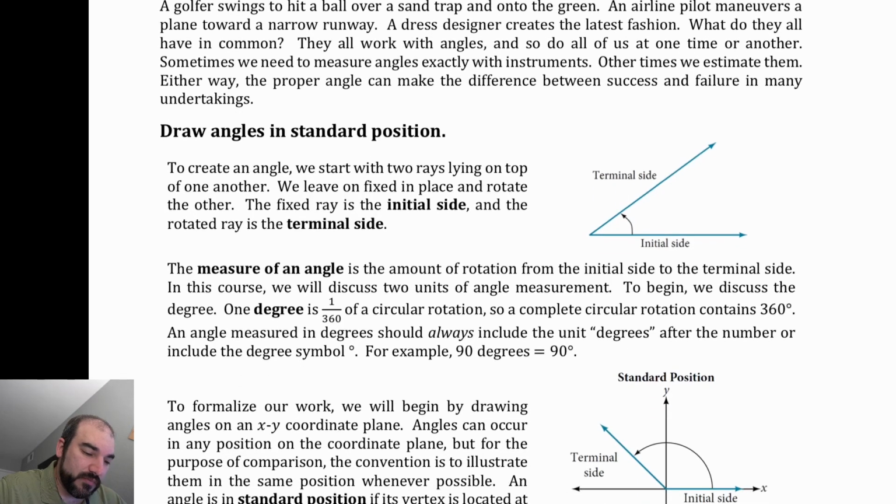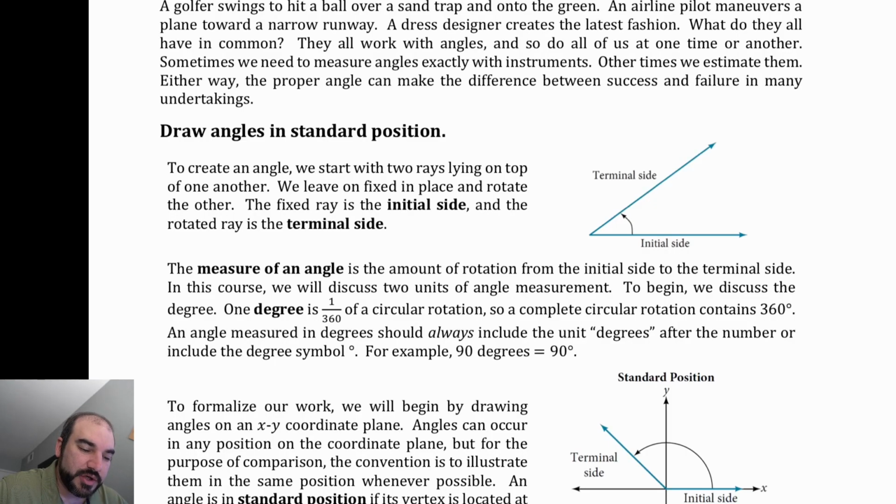Every angle, no matter where it's drawn, whether it's standard position or floating in the air, will always have an initial side and a terminal side. And we say that the angle swings open from its initial side to its terminal side. So there is a direction of swing for any given angle.